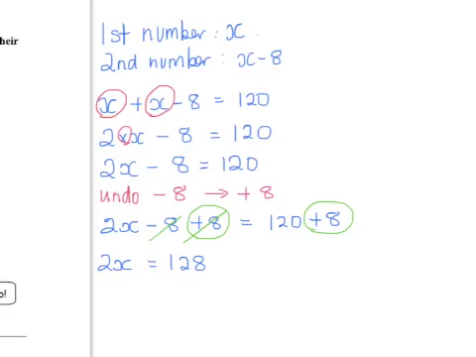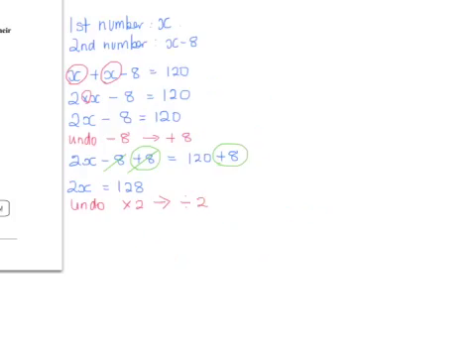So now, what am I doing to x? I am multiplying it by 2. Can I undo multiply by 2? What's the inverse operation to multiplication? It's division. So if I now divide both sides by 2, 2x divided by 2 equals 128 divided by 2.